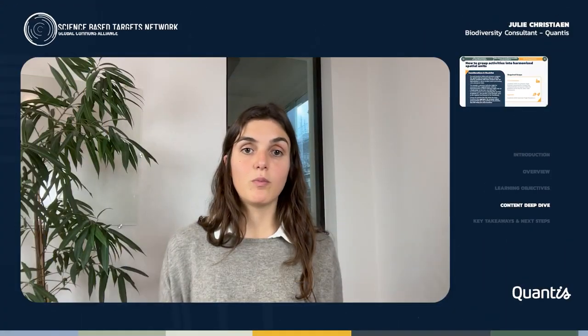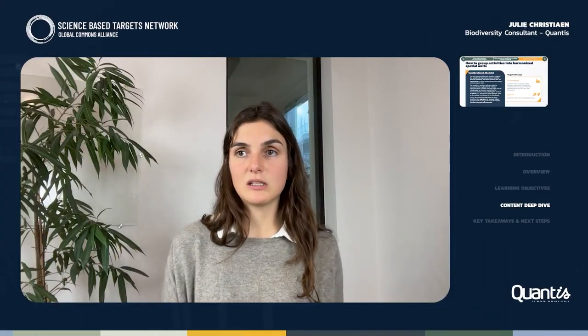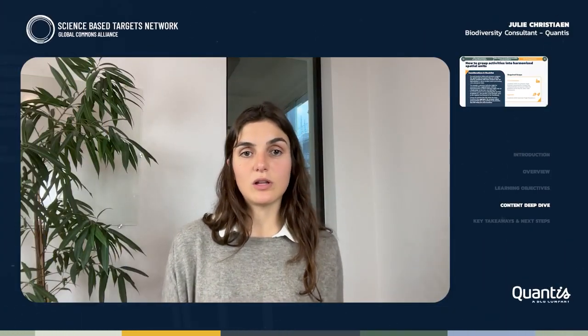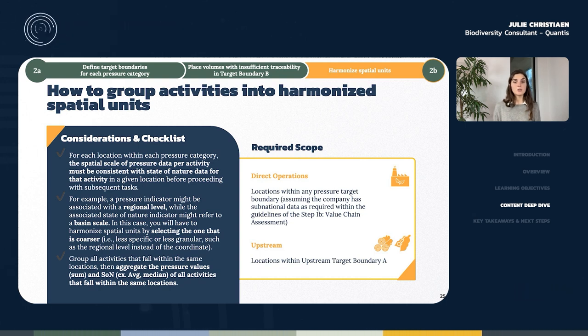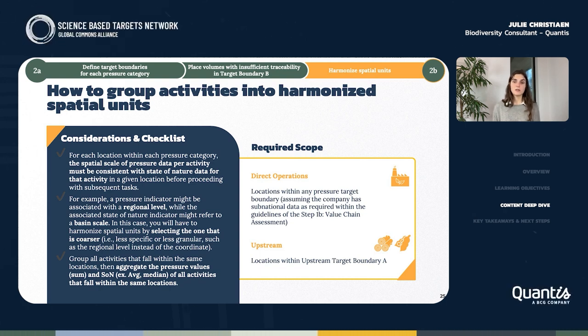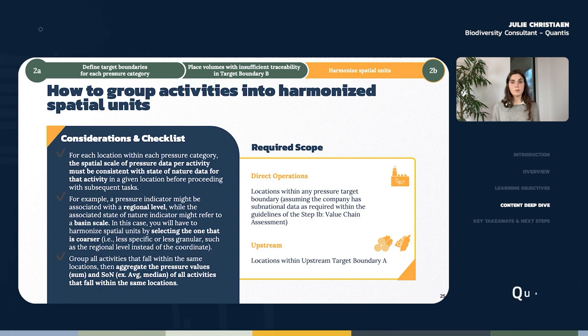For example, a pressure indicator might be associated with a regional or provincial level, while the associated state of nature indicator might refer to a more granular scale, such as water basin level. This means that spatial units will have to be harmonized. The pressure state of nature pair will need to be at the same or compatible spatial scales.